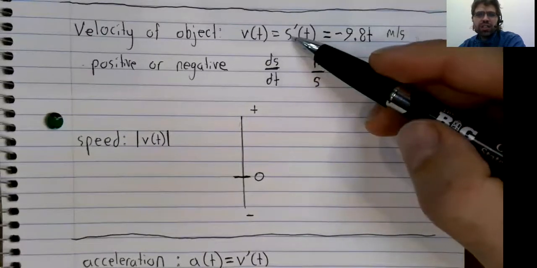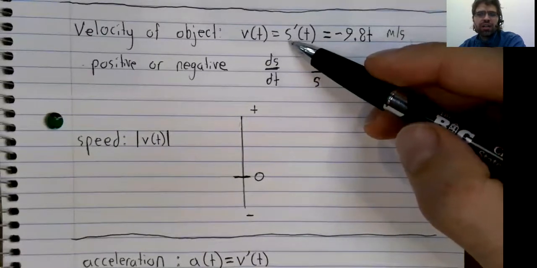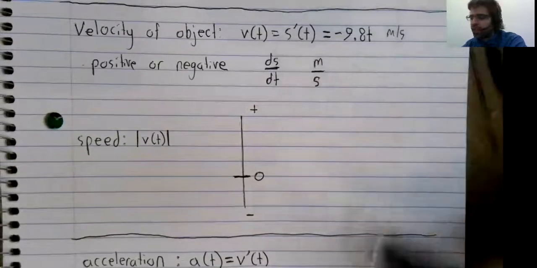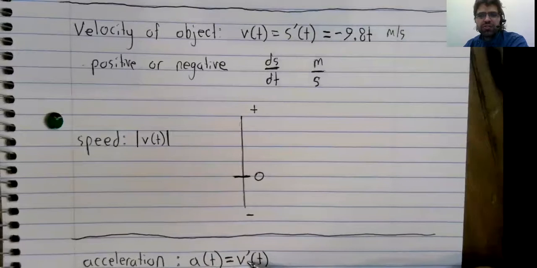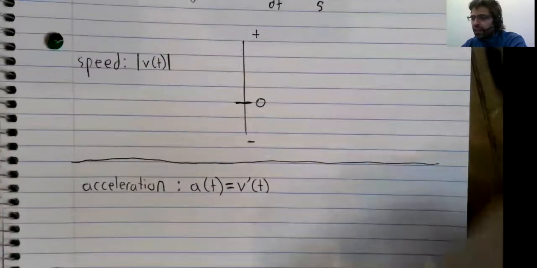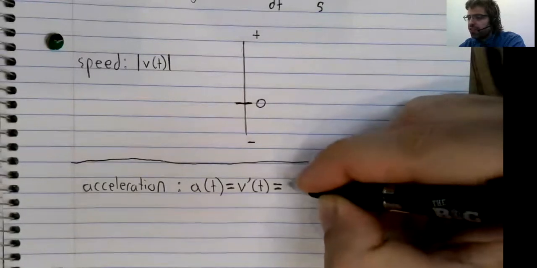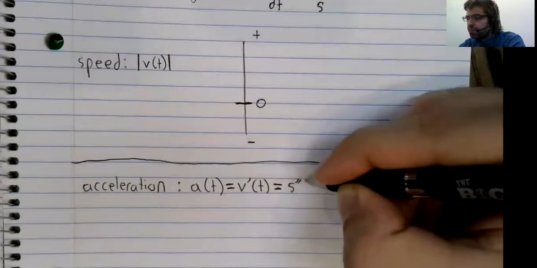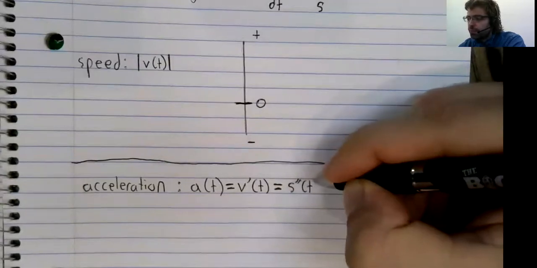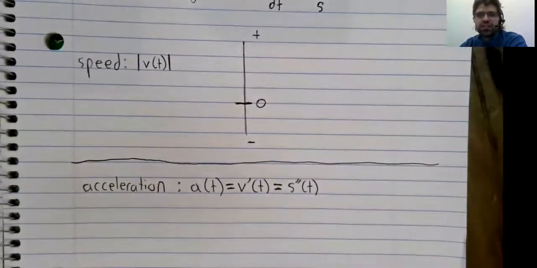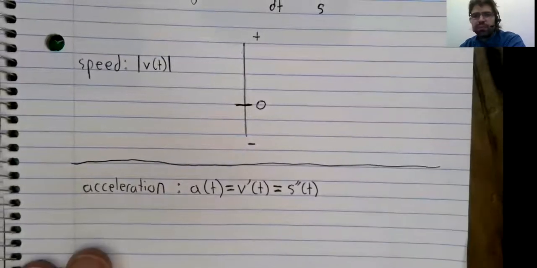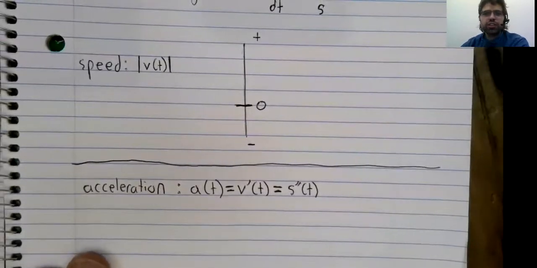The velocity, in turn, is telling us how position is changing. So this is the derivative of a derivative. It's the first derivative of the velocity, the second derivative of the position function.